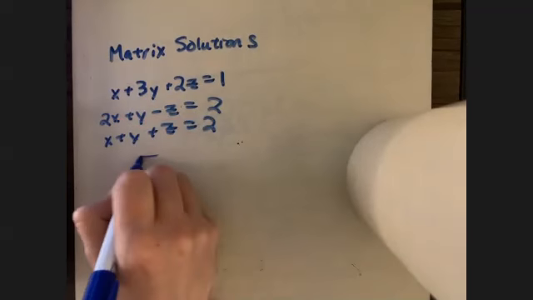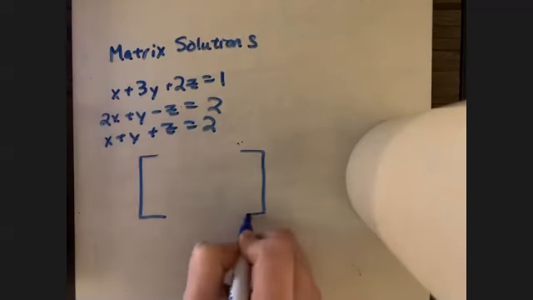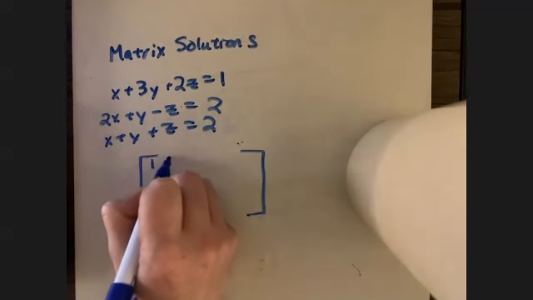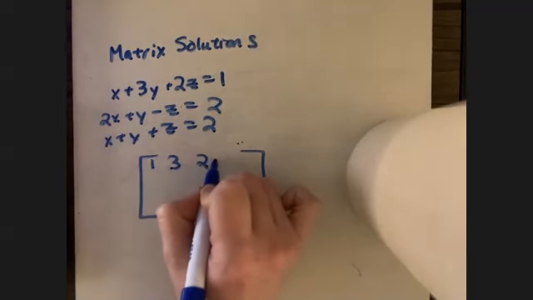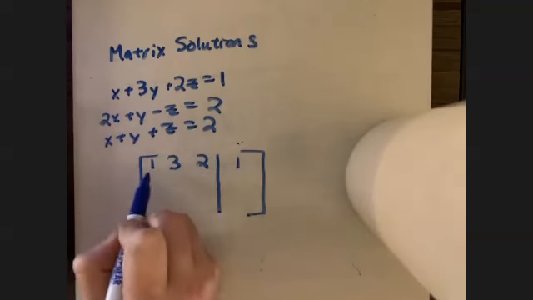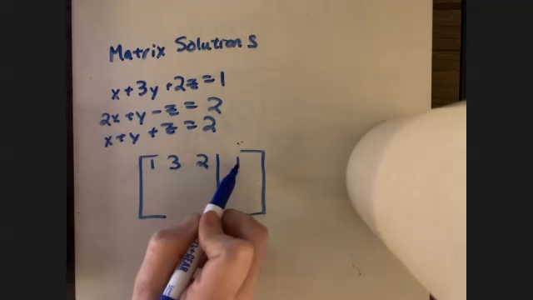Okay, and so what's going to happen is we're going to make what's called an augmented matrix, and we're going to put the coefficients only on our variables, and then I draw a line right here, that represents my equal sign. So we have x, y, z, and then our answer value.